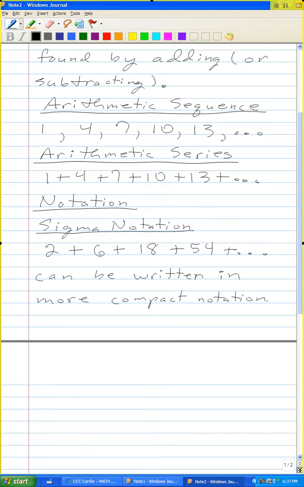And this will be called the sigma notation. This symbol here is called sigma. It denotes the sum. It's the summation.